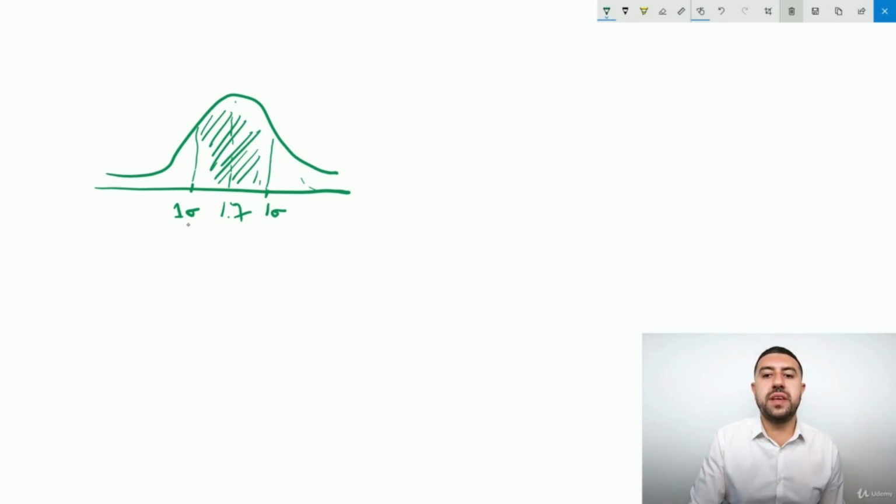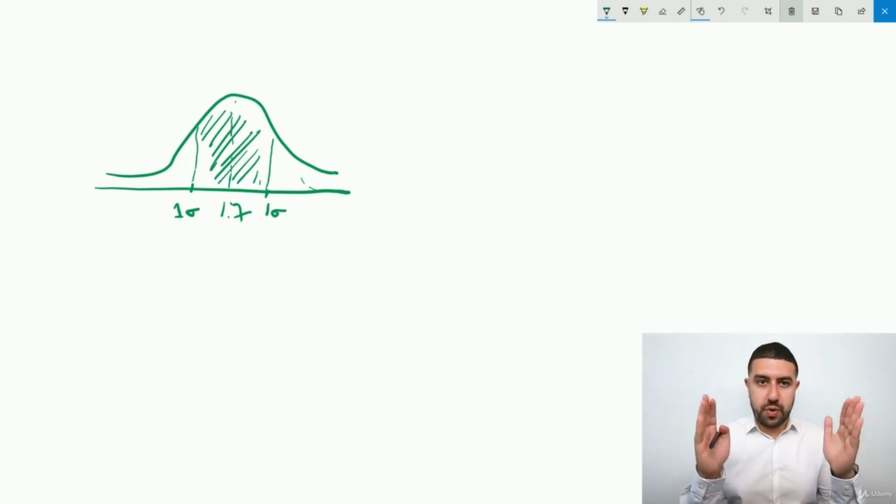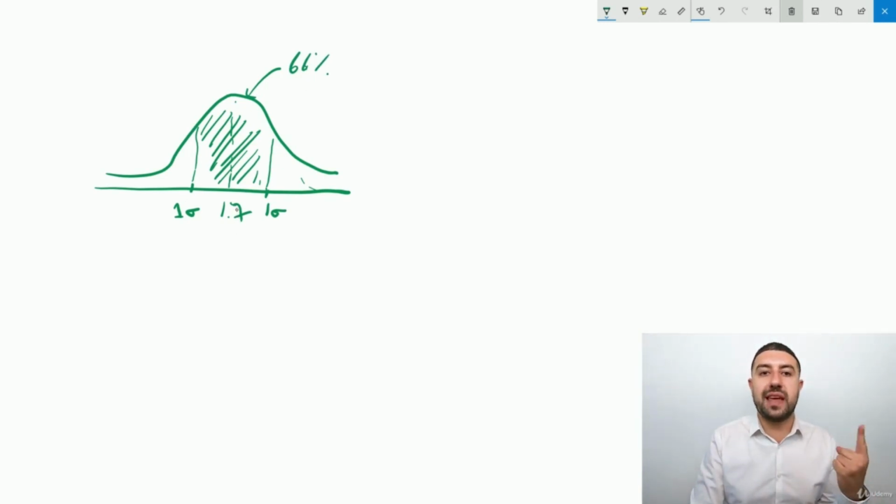Well, then what is a standard deviation? So for example, if I want to know between which range 66% of the population falls, I'll figure out what a standard deviation is.